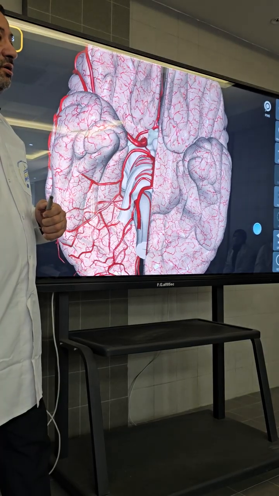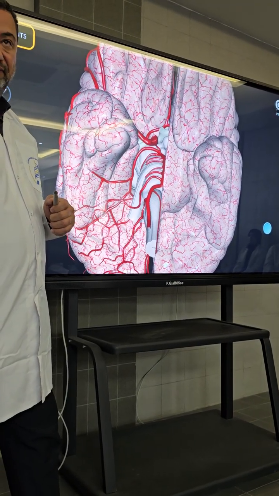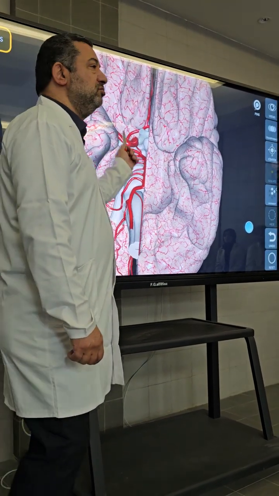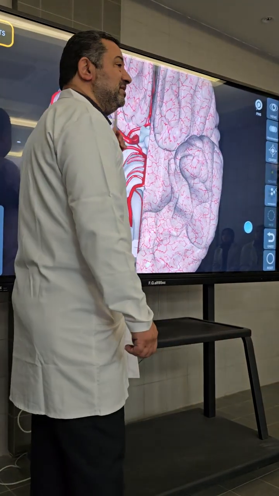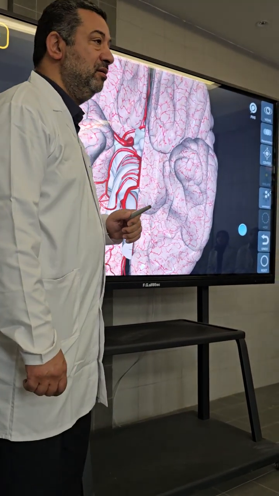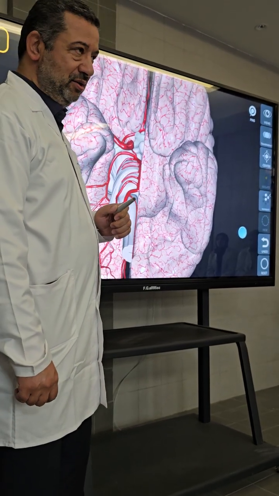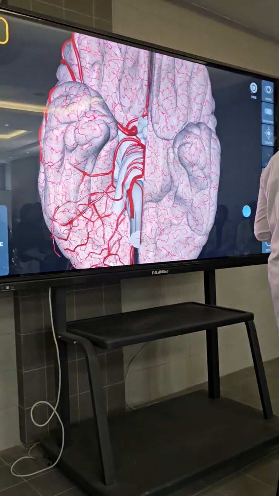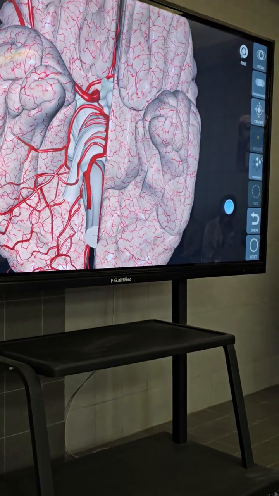That is called the circle of Willis, the circulus of Willis. In the formation of the circulus of Willis, the middle cerebral artery does not participate. It's not in the formation of the circulus of Willis.